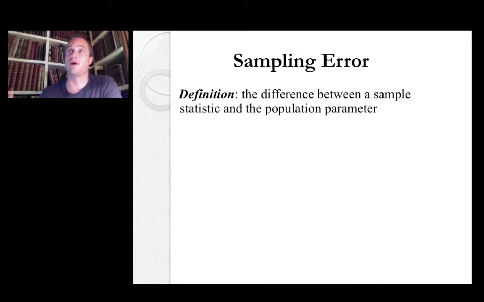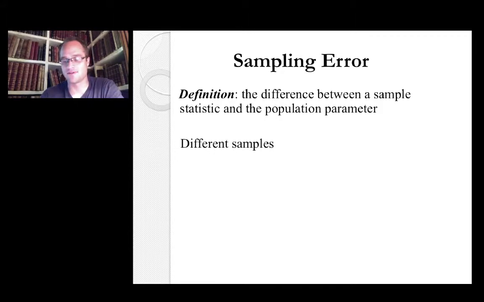So we could be talking about the population mean, and when you draw a sample from that population and calculate x bar, your sample statistic, the difference between those values is called sampling error. It's error that occurs because of a sample. Don't confuse it with some sort of calculation error or mistake. It's not a mistake, it's a difference between a sample statistic and its population parameter.